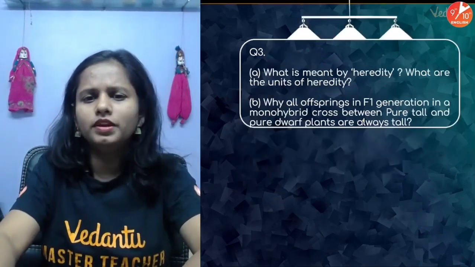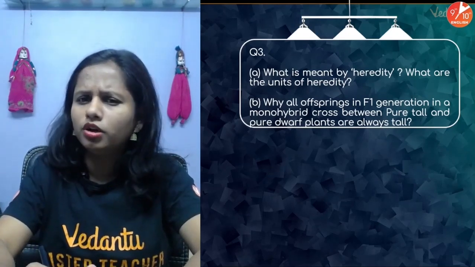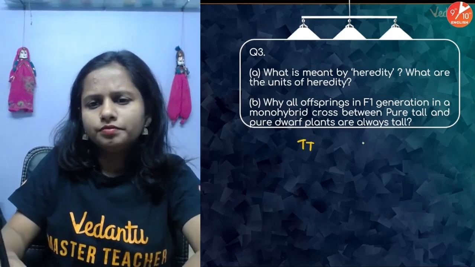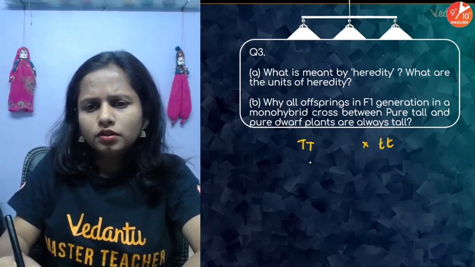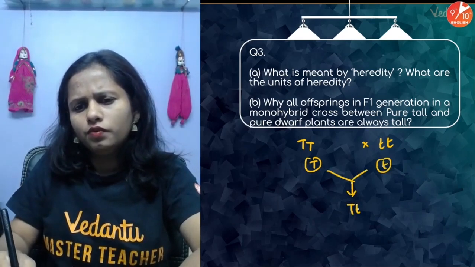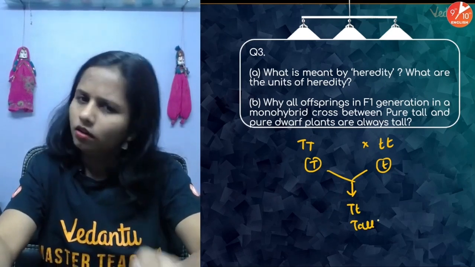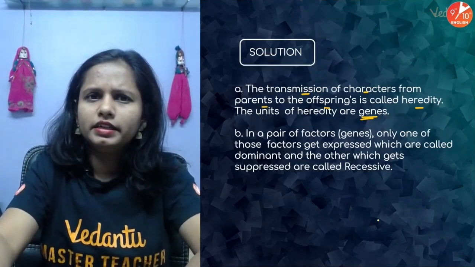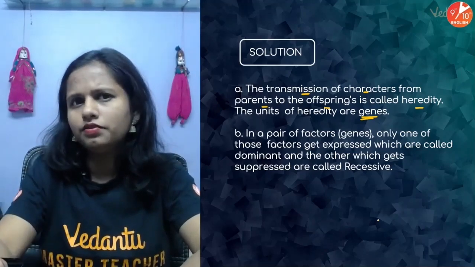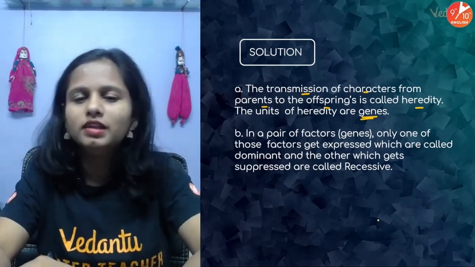Then, why are all offspring in the F1 generation in a monohybrid cross between pure tall and pure dwarf always tall? So write down: as per Mendel's inheritance, in a pair of factors, one expresses itself and the other factor gets suppressed in the presence of the other allele.